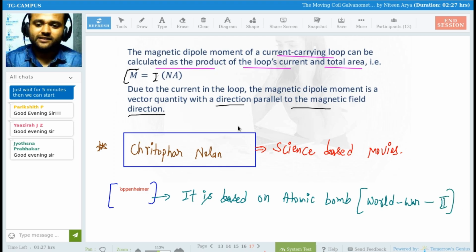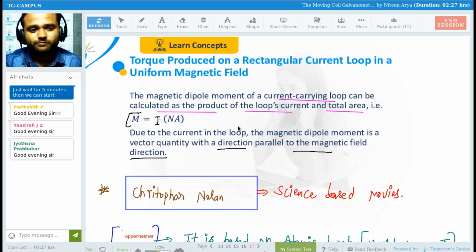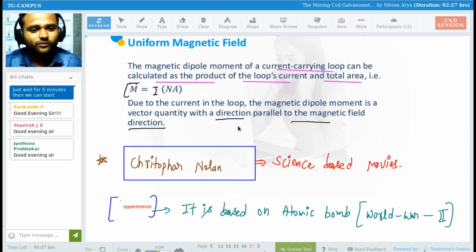In this scenario, there was a worst disaster happening in Japan, Hiroshima and Nagasaki. Maybe you remember these names. That movie is based on the atomic bomb in World War II, where all the famous scientists were gathered and placed in one place.